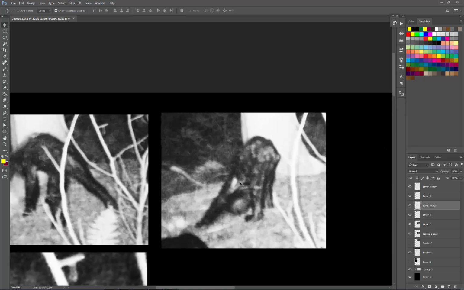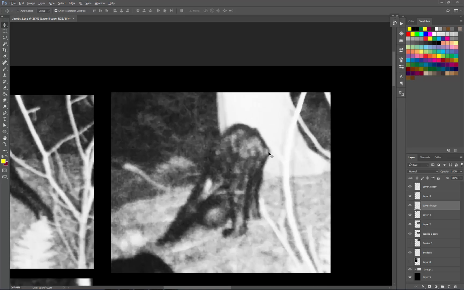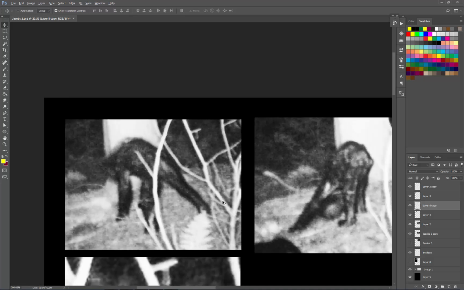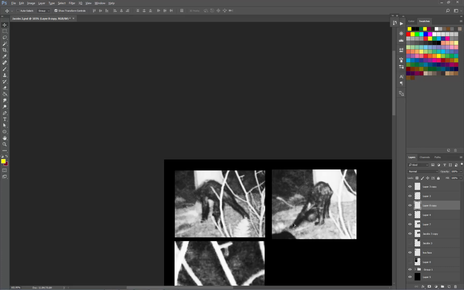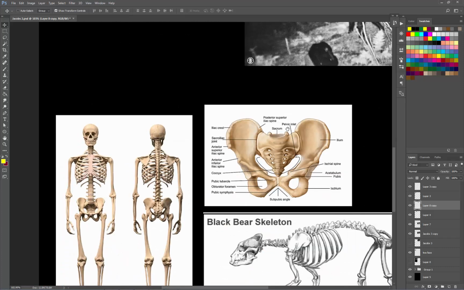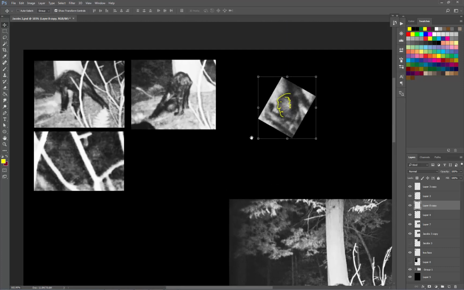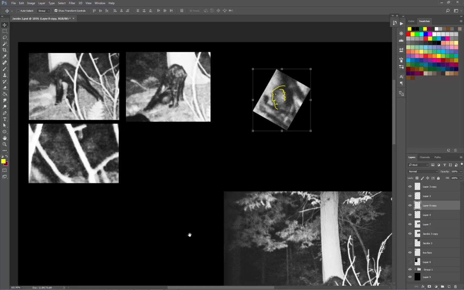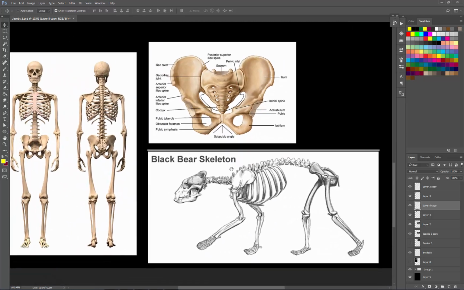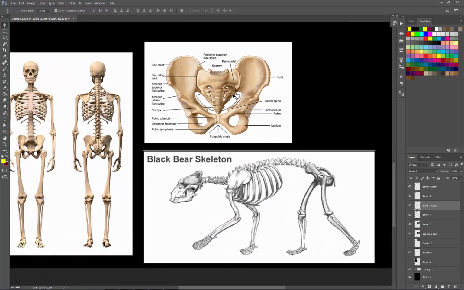I'm talking about these two protruding bones here, which would mean, and it's pretty clear that this creature is either malnourished or has some kind of skin disease or something like this, which would explain the sort of skinniness of the creature, and so that's why we can see the bones protruding through.